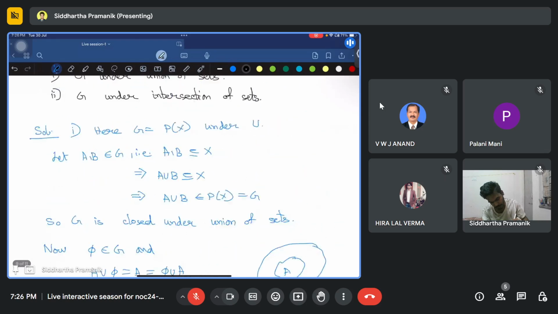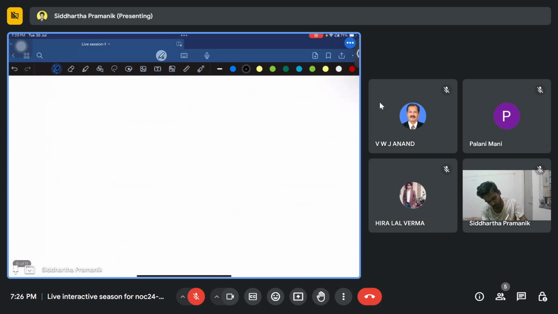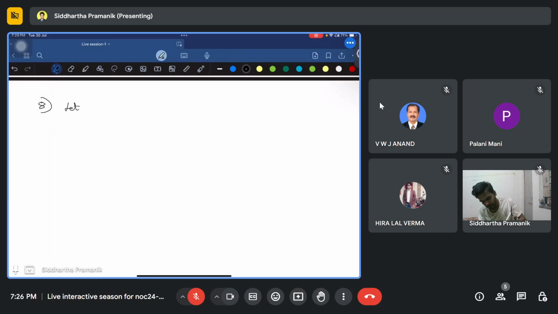So this is problem number 8. Let G equal the set of all 2 by 2 matrices such that a is a real number and a is not equal to 0.